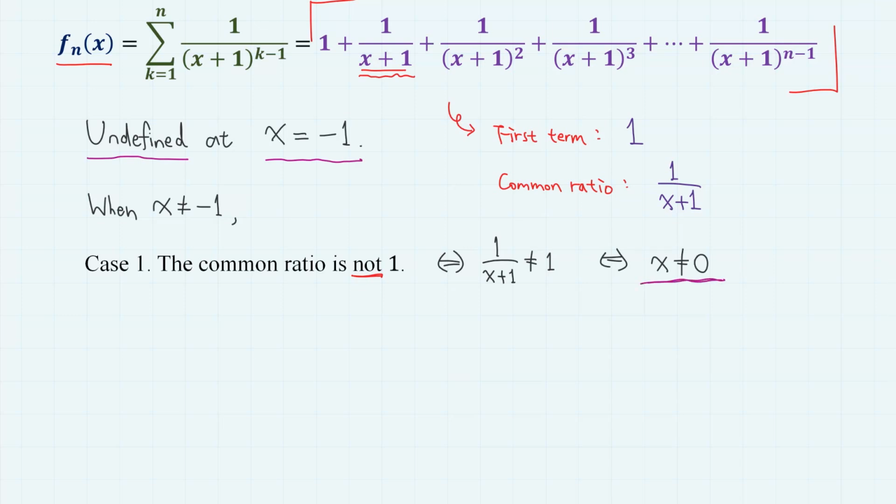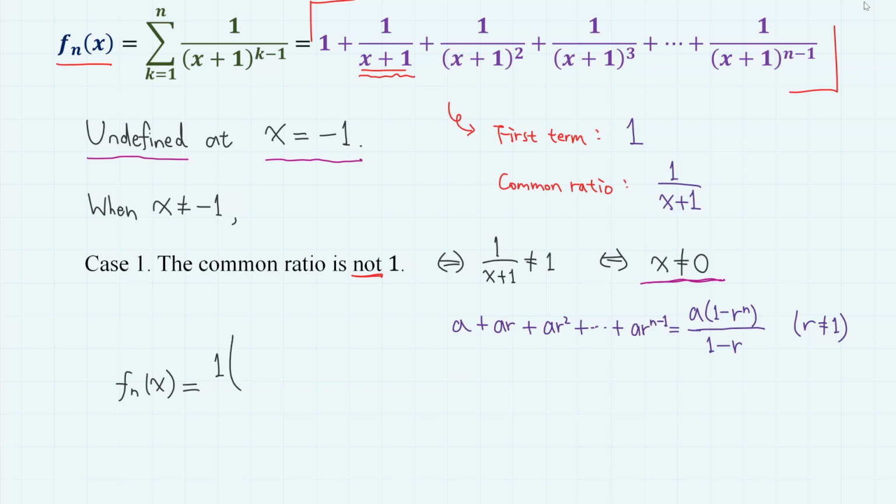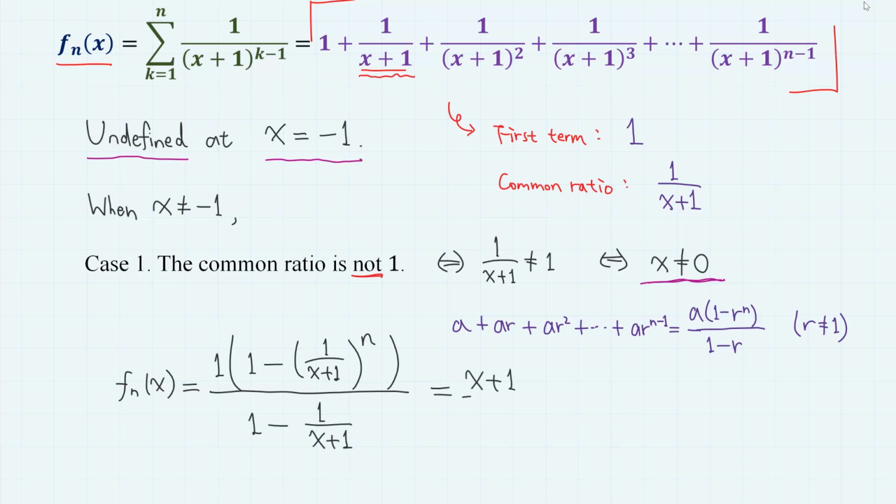In this case, we apply the partial sum formula, so we have the first term 1 times (1 minus the common ratio 1 over x plus 1, to the power of n), and this divided by 1 minus the common ratio 1 over x plus 1. This gives (x plus 1) over x times (1 minus (1 over x plus 1) to the power of n).